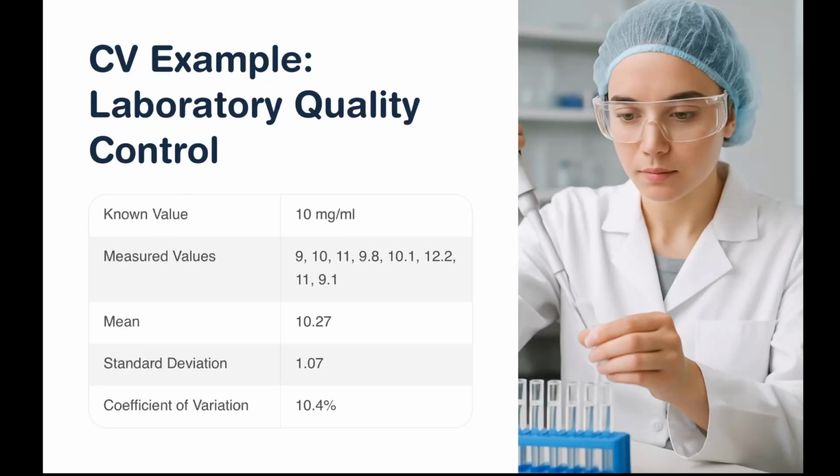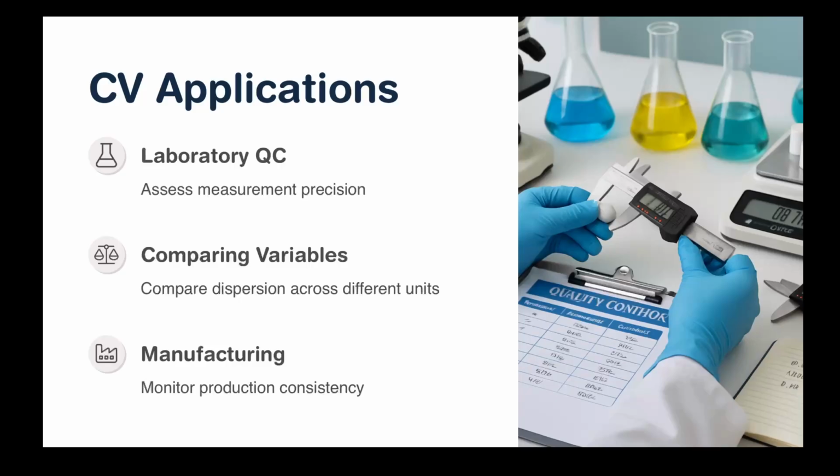So the standard deviation is 1.07 divided by the mean, 10.27, multiplied by 100. That will give us the value of 10.4%. So it is used to assess measurement precision and also to compare dispersion across different units. It is also useful for monitoring production consistency.